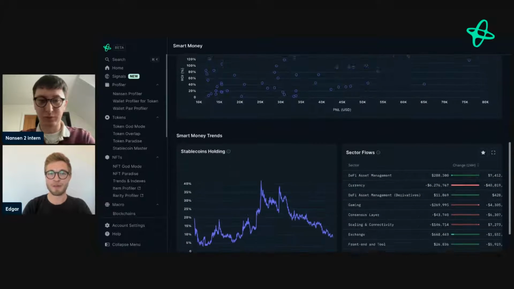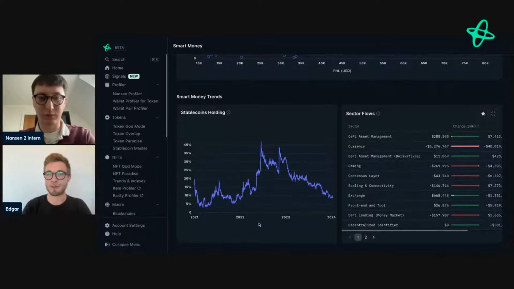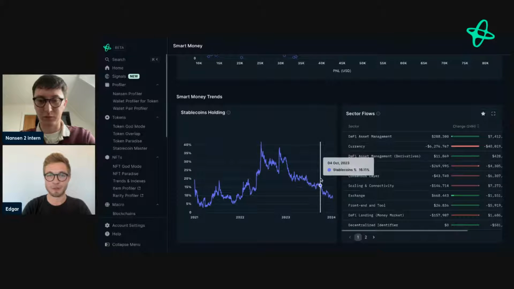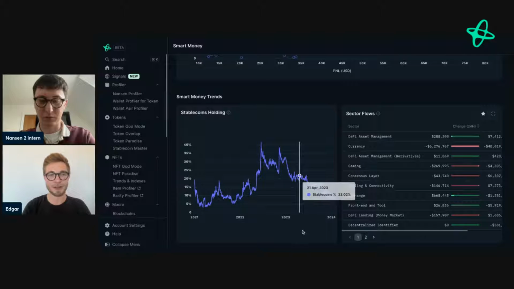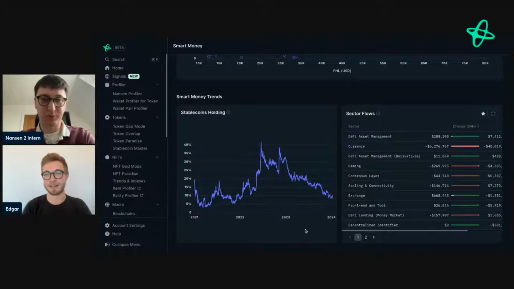Going on on the overview page, we then have a couple of more broad overview charts. Stablecoin holding is a good macro indicator showing where the mind of the smart money is. When the chart is peaking, for example in mid 2022, that was the maximum risk-off state, where smart money was mostly in stablecoins.